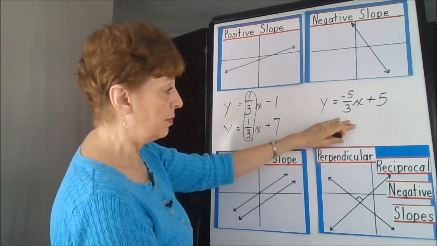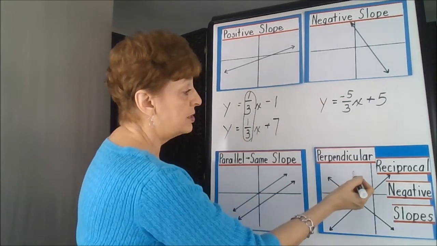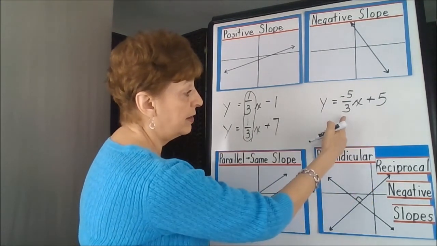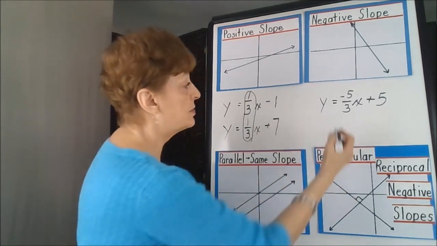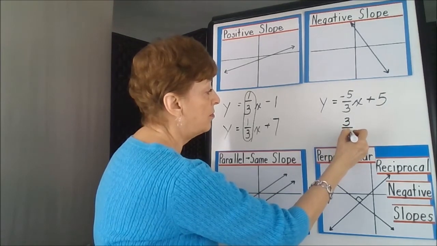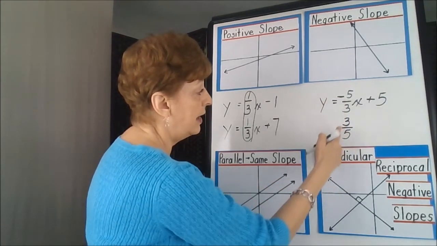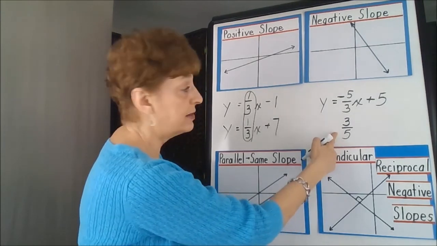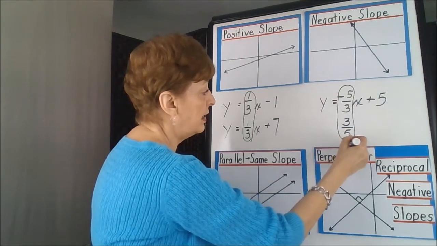Let's do a perpendicular line to this one. Again, it has to do with slope. We're taking the slope and flipping the terms around, so it's 3/5. And then we're also going to take the sign and use the reverse of that. So this would be the slope that you'd be looking at.